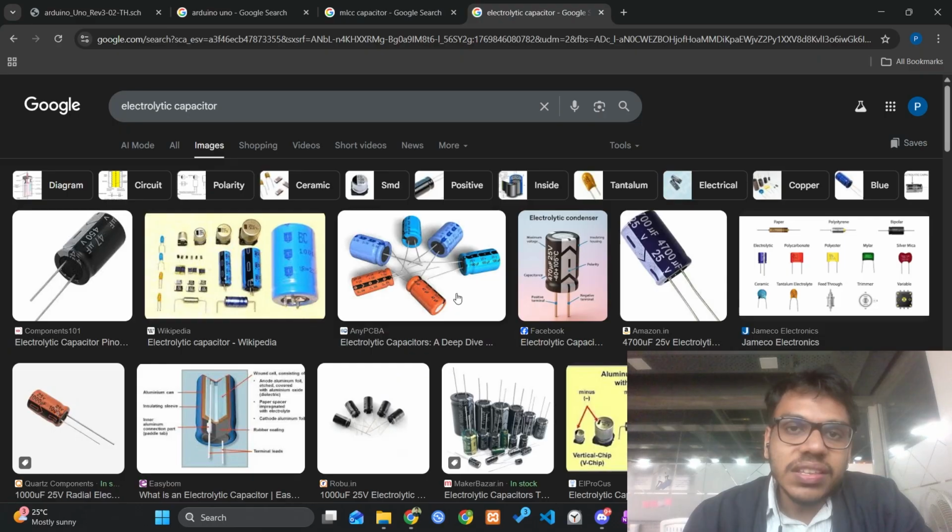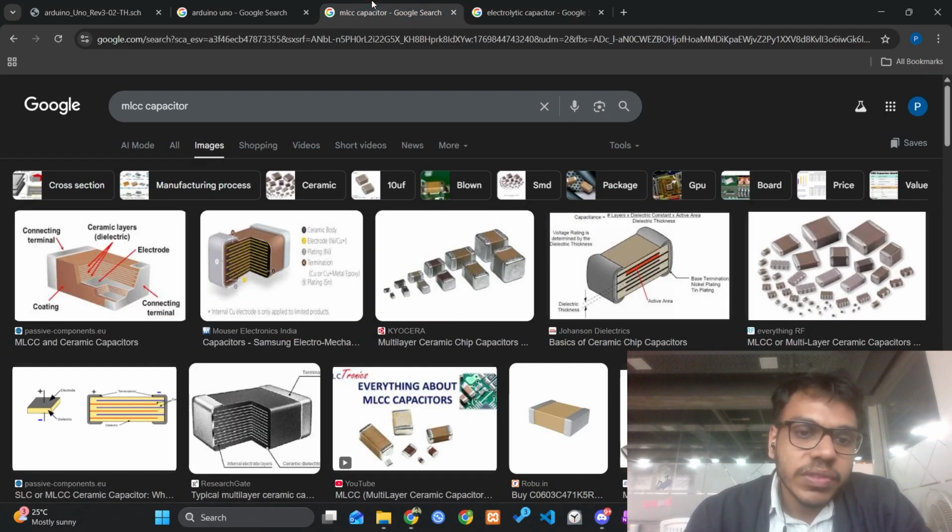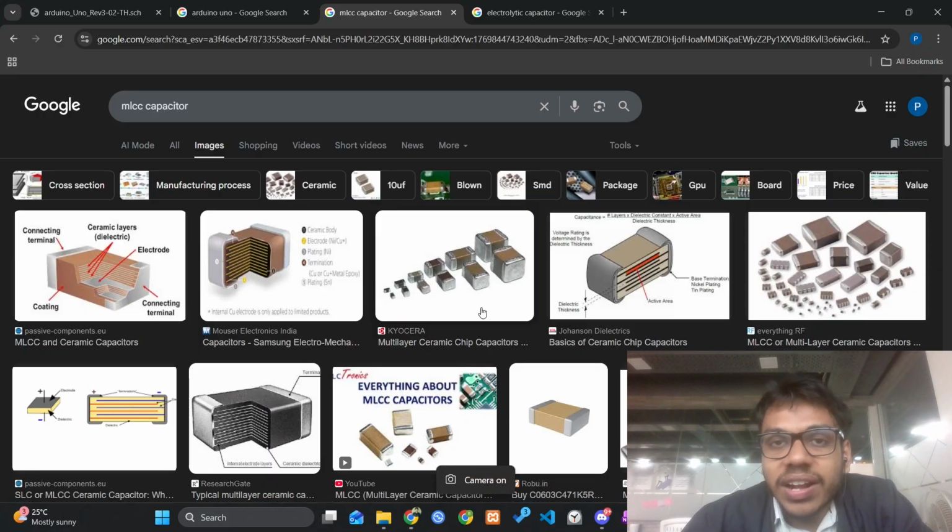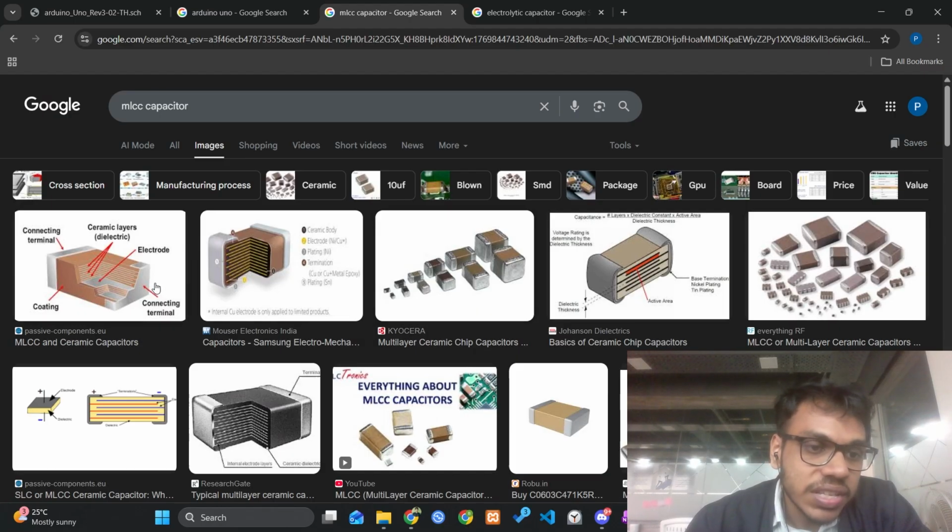Now let us see the ceramic capacitors. These are the ceramic capacitors, and unlike the electrolytic capacitors, they are non-polar, so it doesn't matter which way you connect them. MLCC stands for multi-layer ceramic chip capacitor. You can see there are a lot of ceramic layers, and in between there is a dielectric.